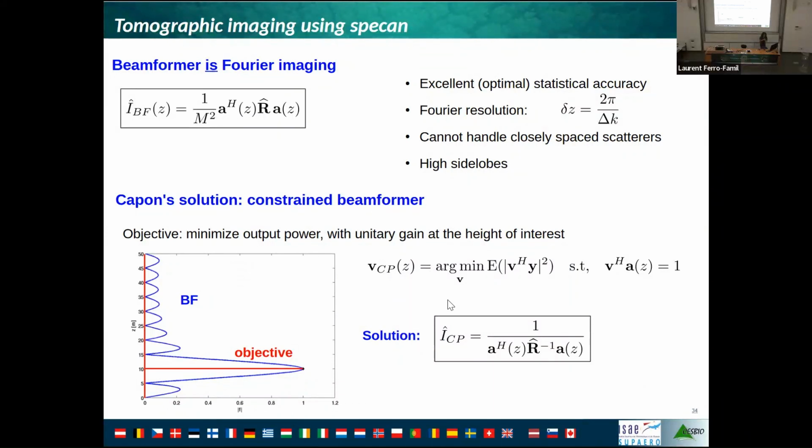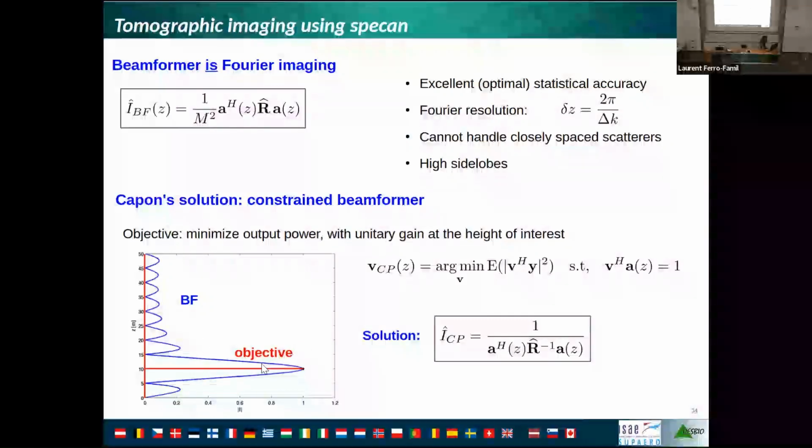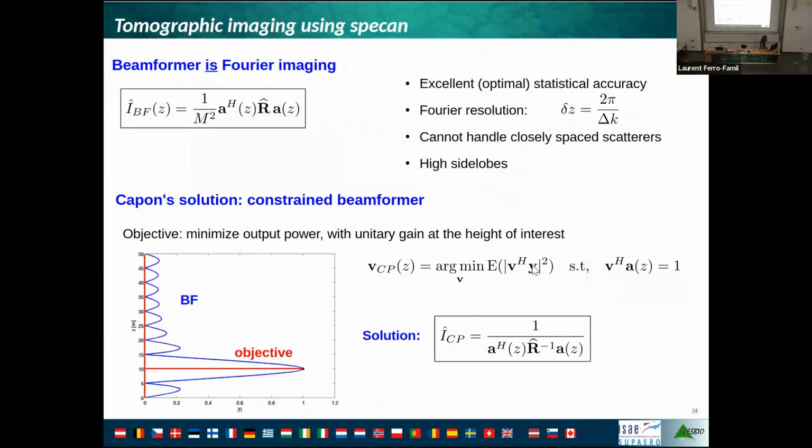Capon estimator is another way of estimating the power and of estimating the location of scatterers in the spectral domain. Why is it so different? Fourier relies on the Fourier transform, the relationship between phase and position, okay? And Capon is a kind of enhanced Fourier transform. The objective of the Capon technique is to minimize the output power at the output of the filter.